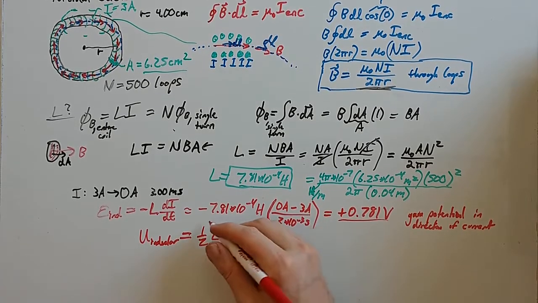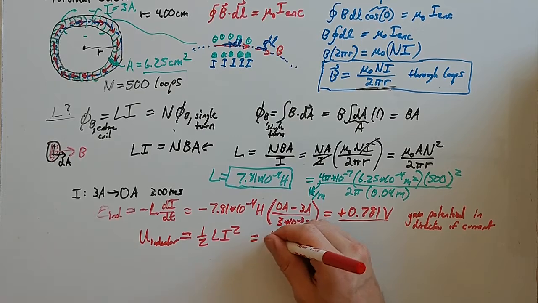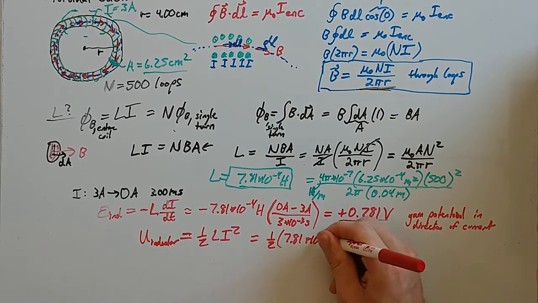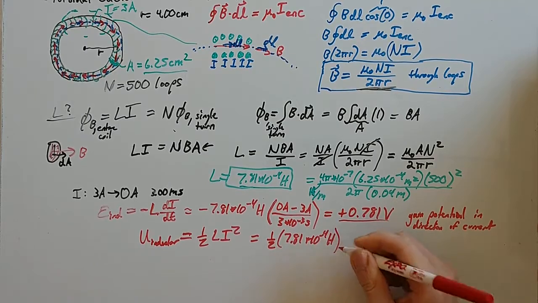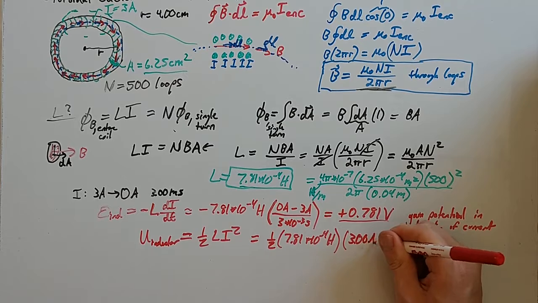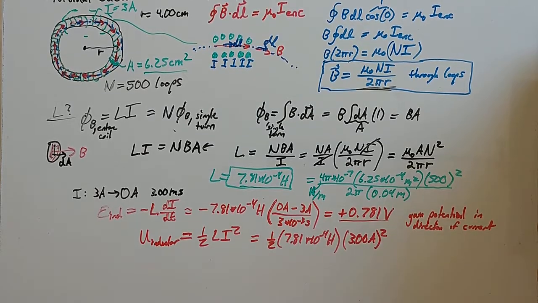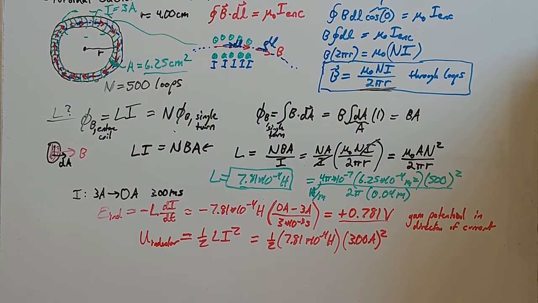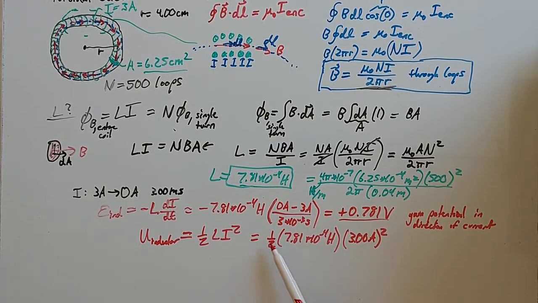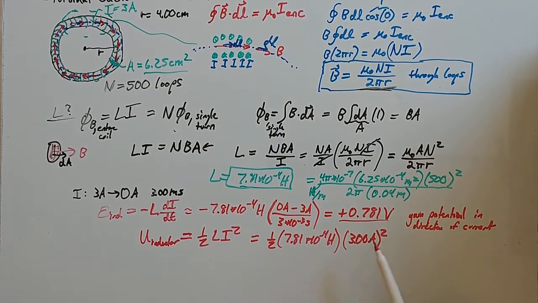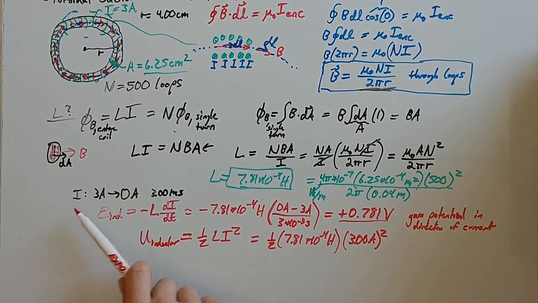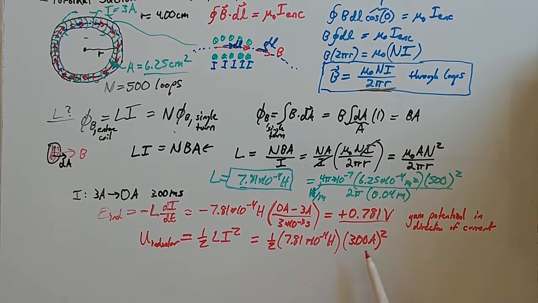So it's 1/2 times our L, 7.81 times 10 to the minus 4 henries, and the current here was 3 amps, which is what we started with. Technically, we originally had 1/2 times 7.81 times 10 to the minus 4 henries times 3 amps squared of energy stored in it, and then we released all that energy when we went down to 0.